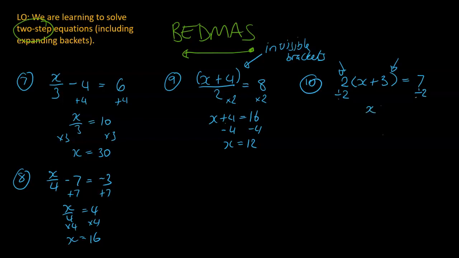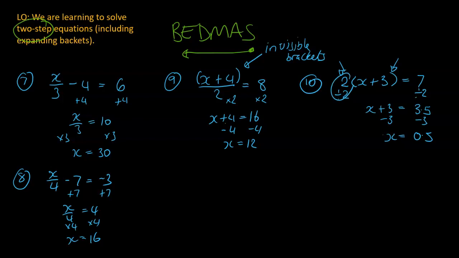So that there is going to be x plus 3 equals 7 over 2. So this is going to be a bit annoying. That's actually decimal. That's 3.5, isn't it? We're then going to go minus 3, minus 3. And that there is going to be x is equal to 1.5. Oh, 0.5. Bad maths there.